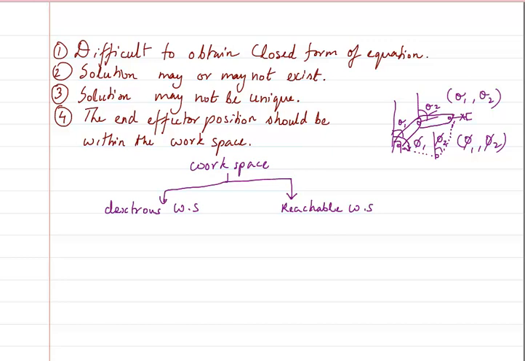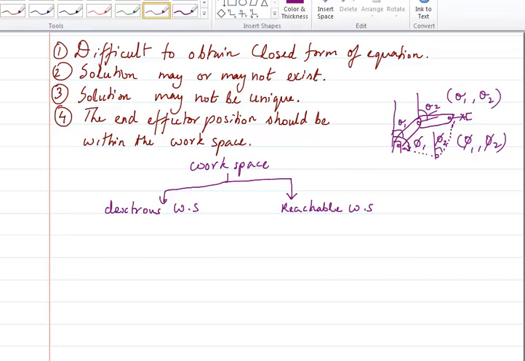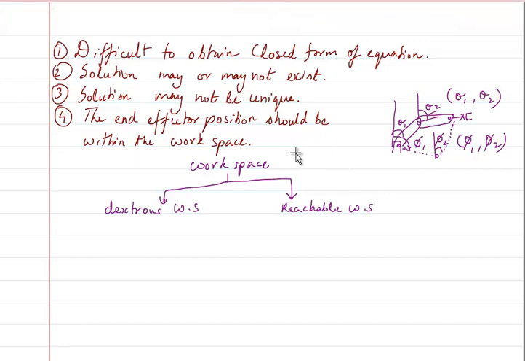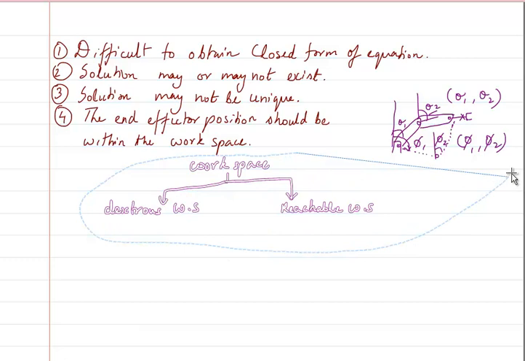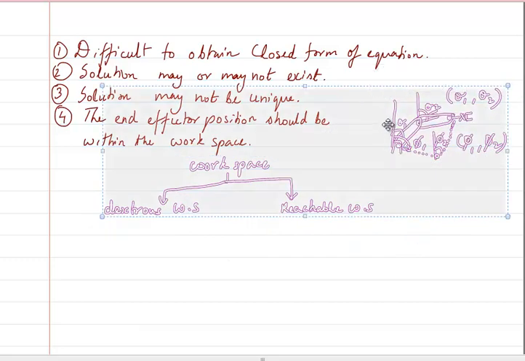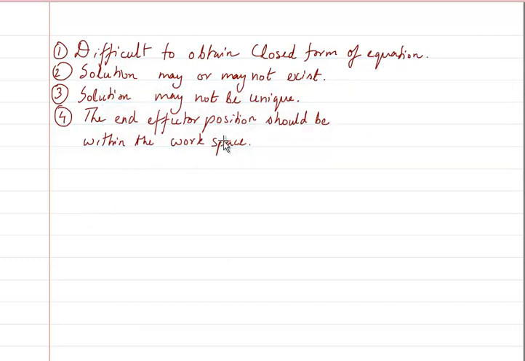So with this much, I will close this, because that is the nature of the solution. If you are trying to find a solution, it is difficult to obtain a closed form of equation. If you get a closed form of equation, we either use an algebraic method or a geometrical method to solve it.